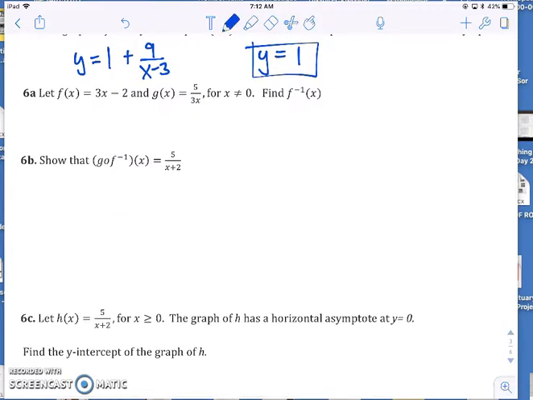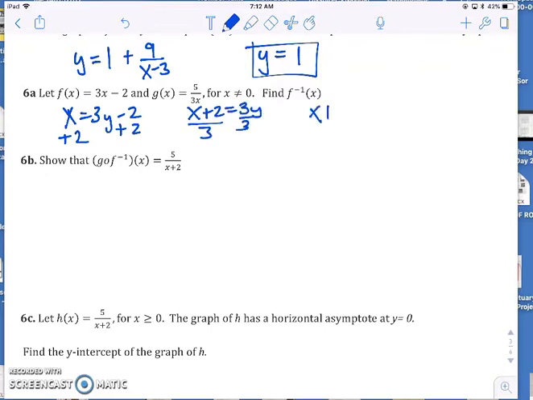Number 6. Let f of x equals 3x minus 2 and g of x equals 5 over 3x. Find the inverse of f. Okay, so x equals 3y minus 2. So we have x plus 2 equals 3y.